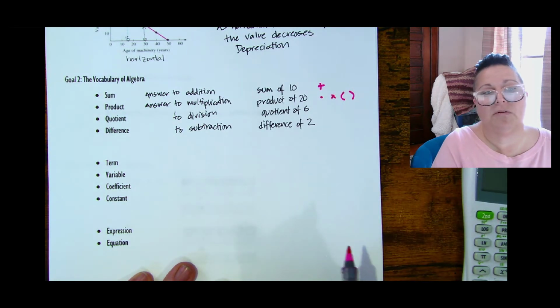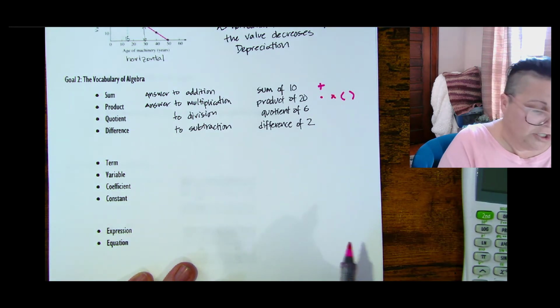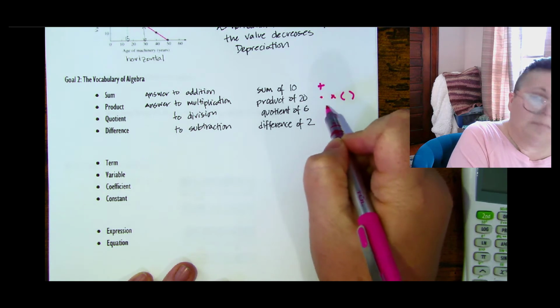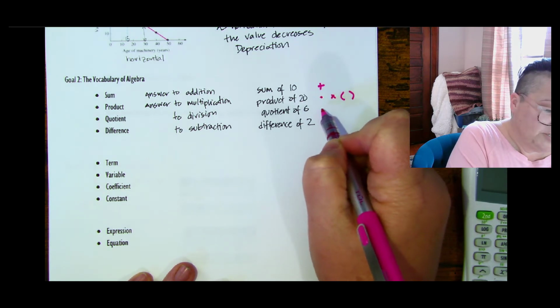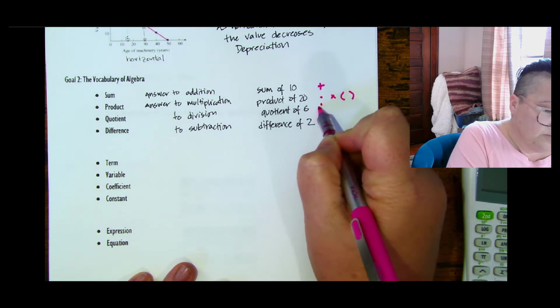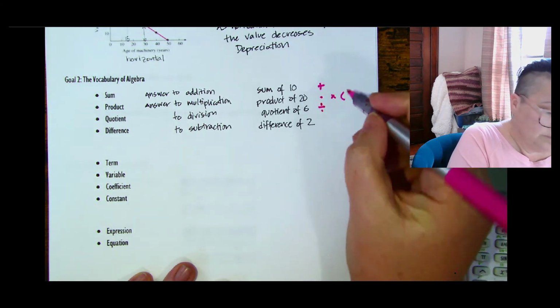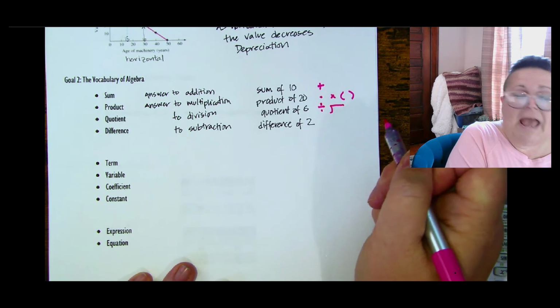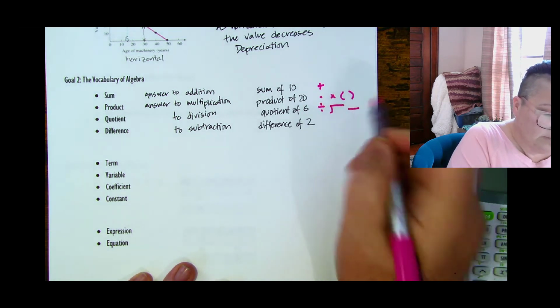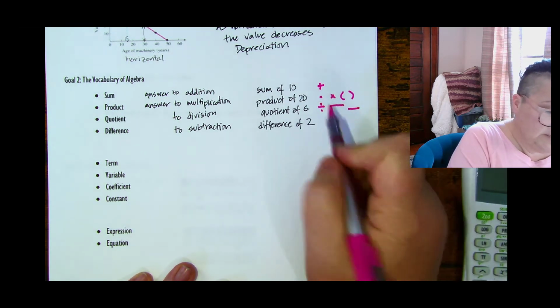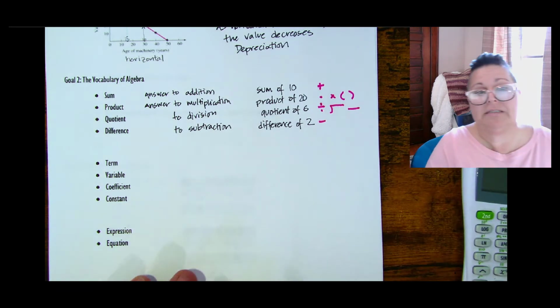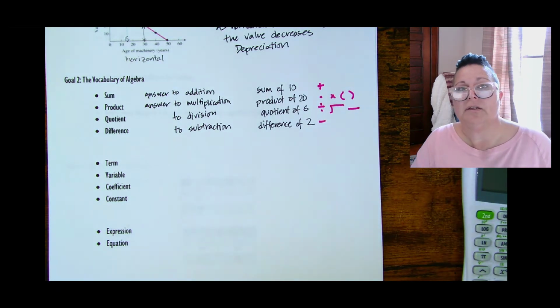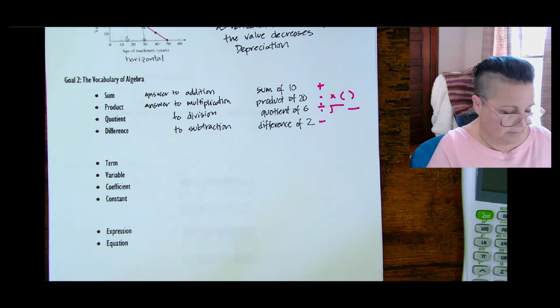Those are the three most common. For quotient, the most common references for division are the actual division symbol, the box that you used in grade school, and the fraction bar. For difference, that is subtraction, and we simply use the subtraction sign. So those are your different notations.